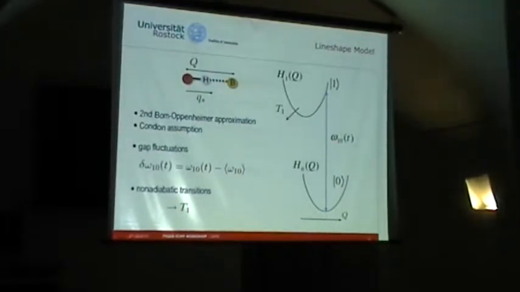And in order to understand what's now happening, let's just assume that this is a harmonic coordinate, then you would have, of course, drawn potential curves along this harmonic coordinate, and if you have this motion of this coordinate, this will then have an effect on the proton stretching transition frequency, which is called omega-10 here. Okay, and then, of course, what you are interested in is the gap fluctuations, which is just this quantity minus its average.